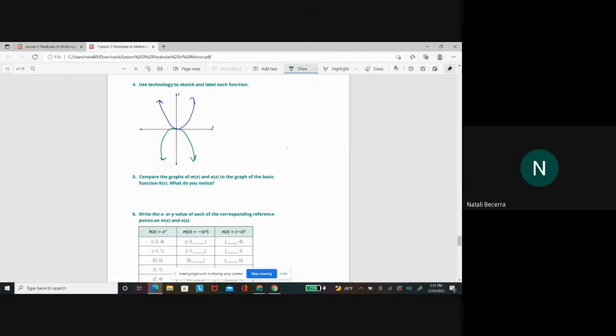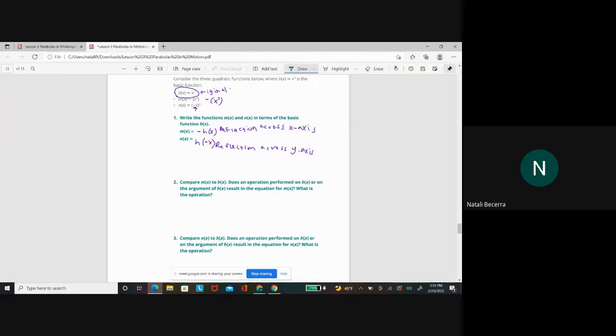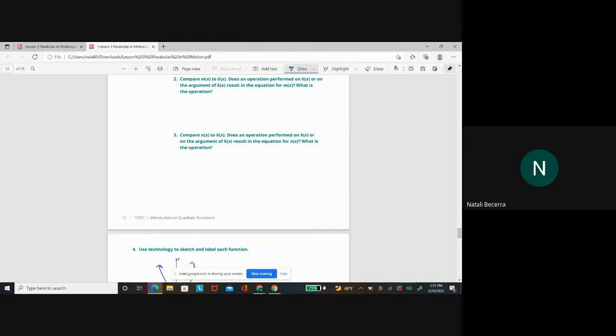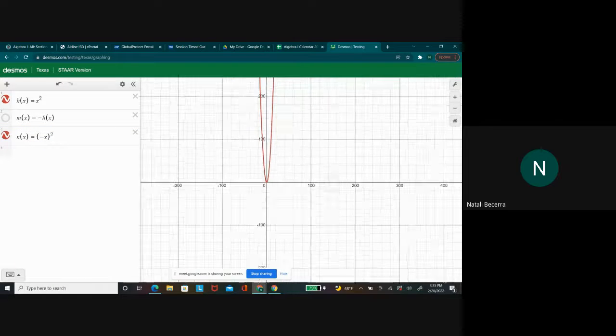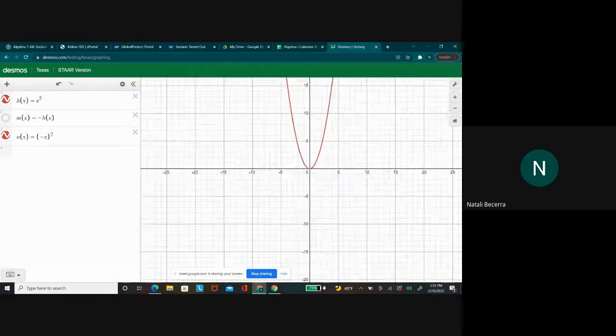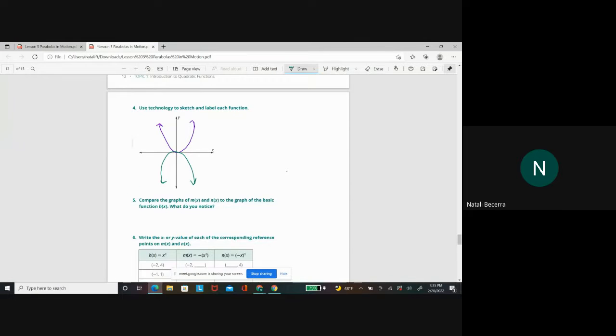Okay, I guess they only wanted us to graph these two then. n of x equals negative x squared. Let me try that real quick. Yeah, it's not on here. So for now, let's not worry about that one. Let's just worry about these two.